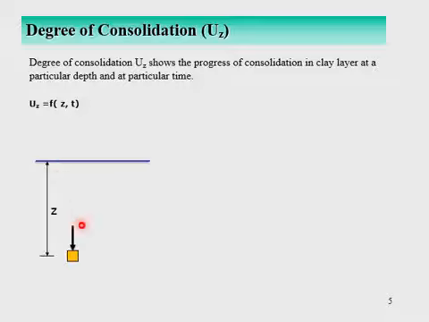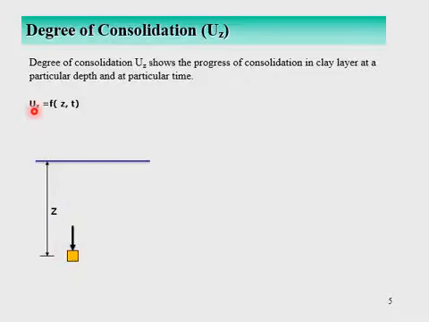You have this clay layer and there is a soil element at depth Z, right? UZ would tell you that after 1 month, after 2 months, after 1 year, at this depth, how much this element has been consolidated.